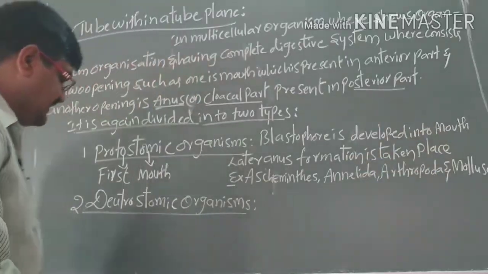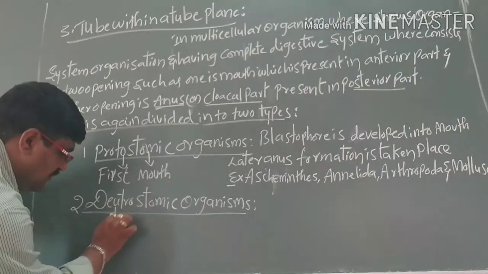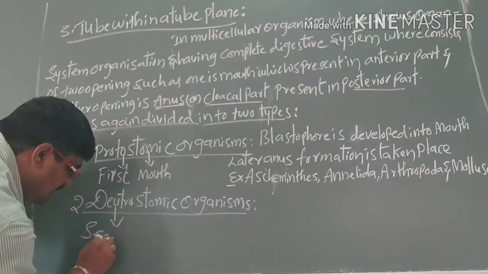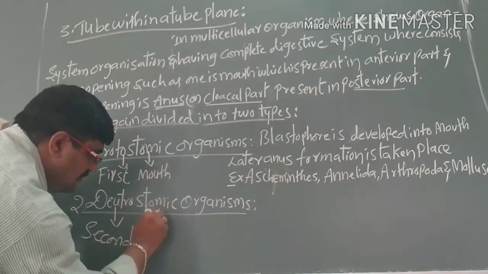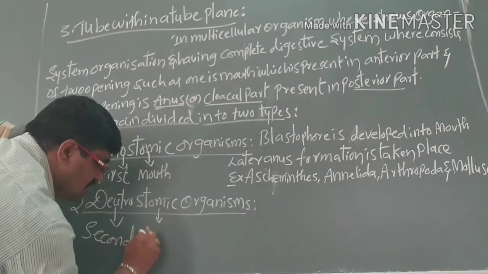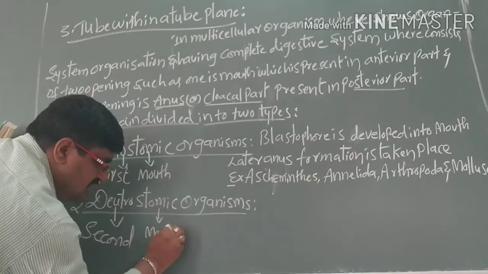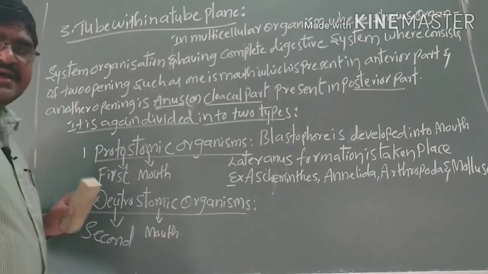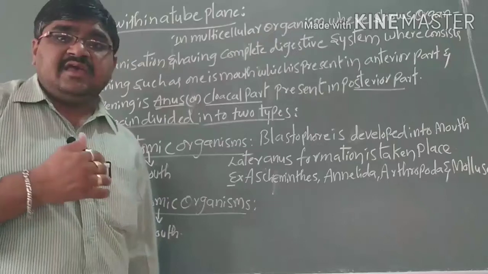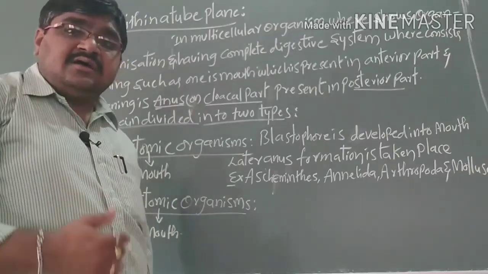Next, the second one, deuterostomes. Deutero means second, and stome means mouth. So here the mouth is formed later. First the anus formation takes place, later the mouth formation.